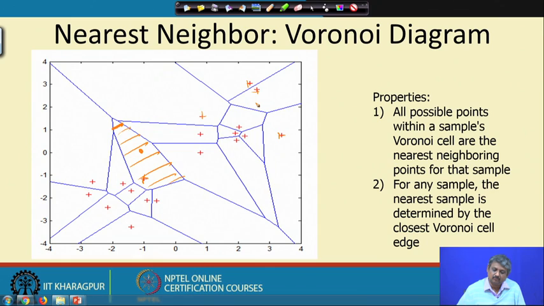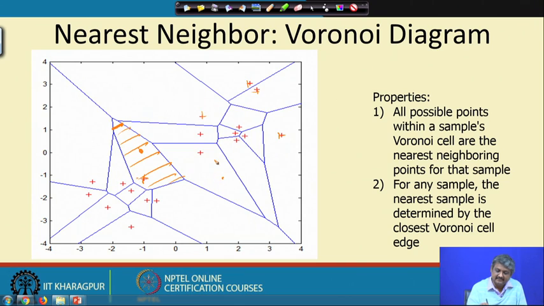One cell has only one point, and that is that plus. The definition of these cells is that if you take any point in this cell, the closest among these training set plus points is this one.